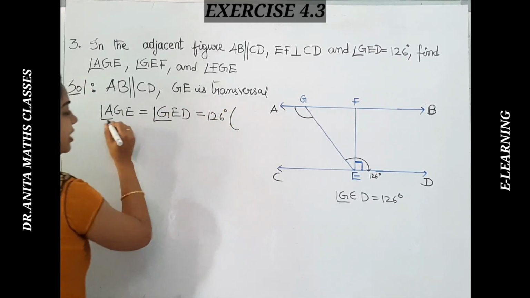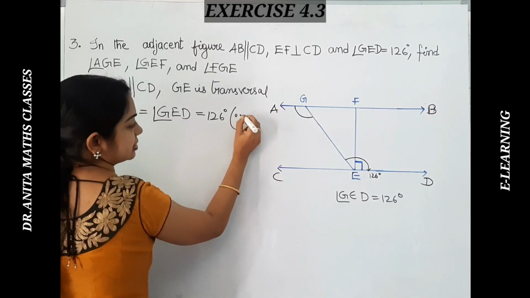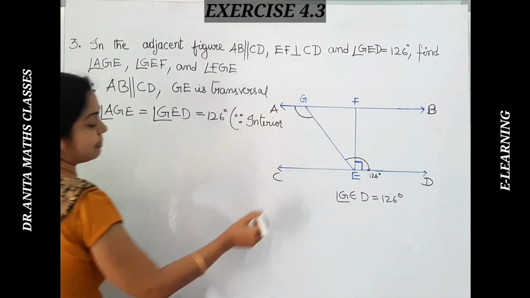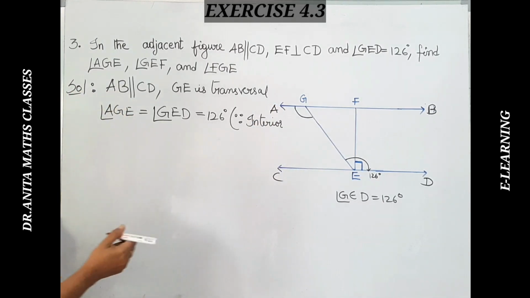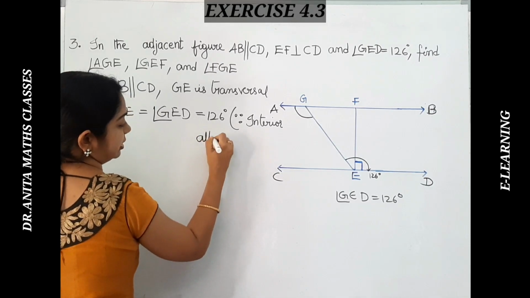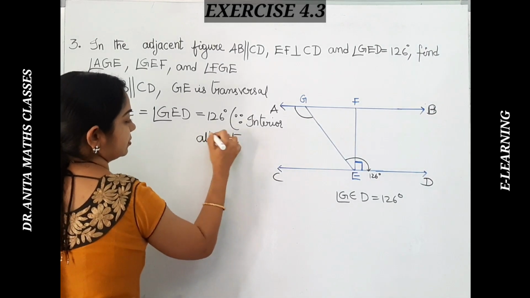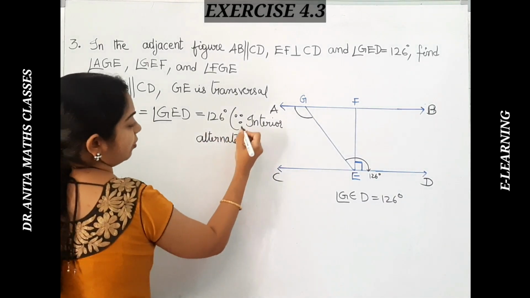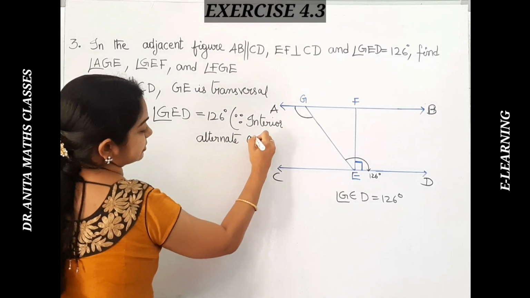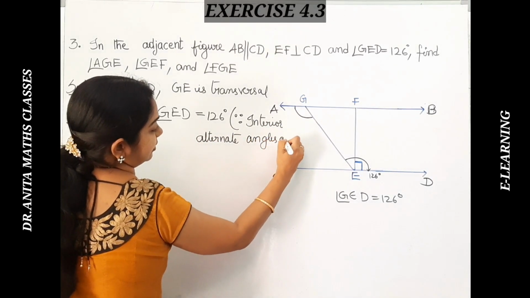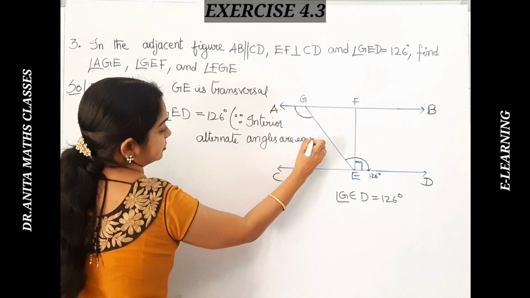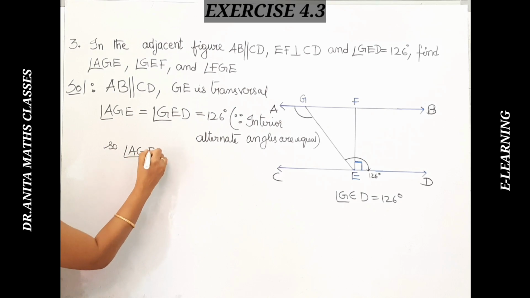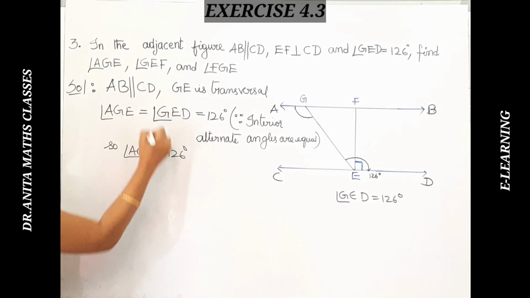Why are they equal? Since when two lines are parallel, their interior alternate angles are equal. Another name for this is allied alternate angles, or consecutive alternate angles. So we can say angle AGE equals 126 degrees.